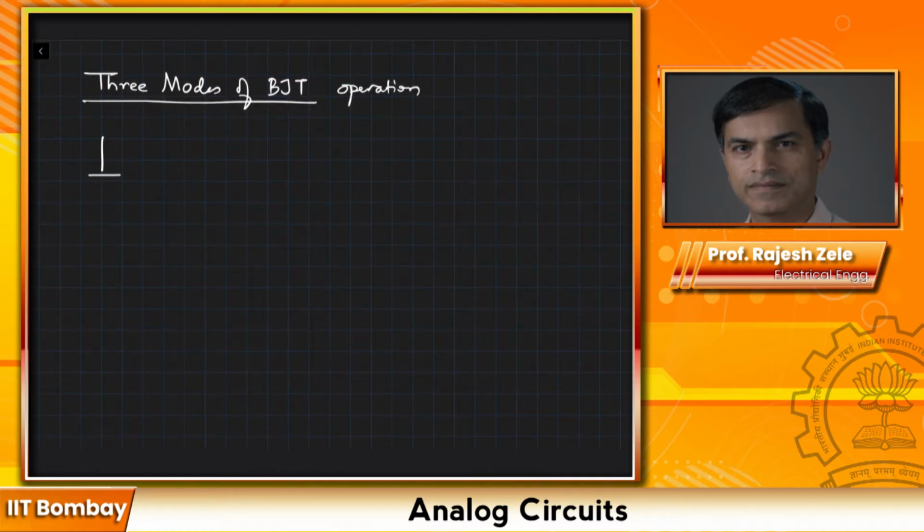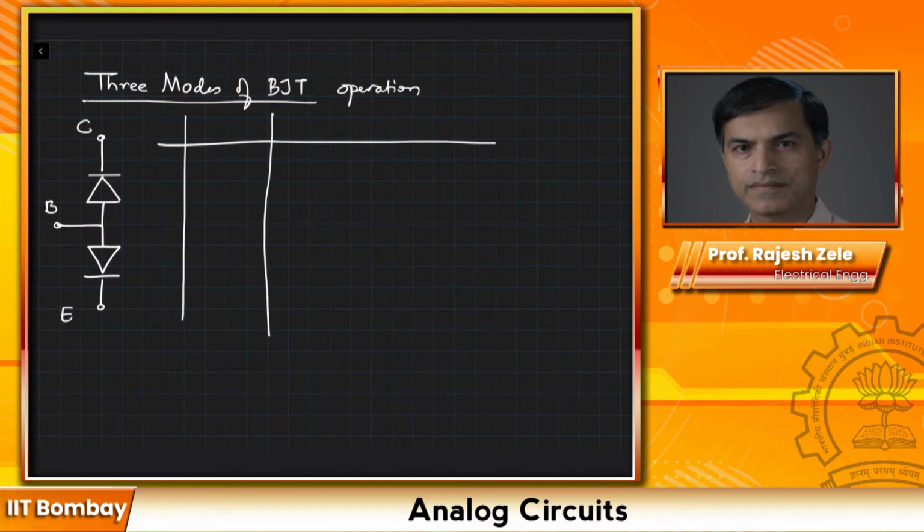If you look at the device as we drew earlier, the NPN device, intentionally shown in this way to understand the three regions: collector, base, and emitter. And I'm going to draw three columns here to understand the three regions of operation.